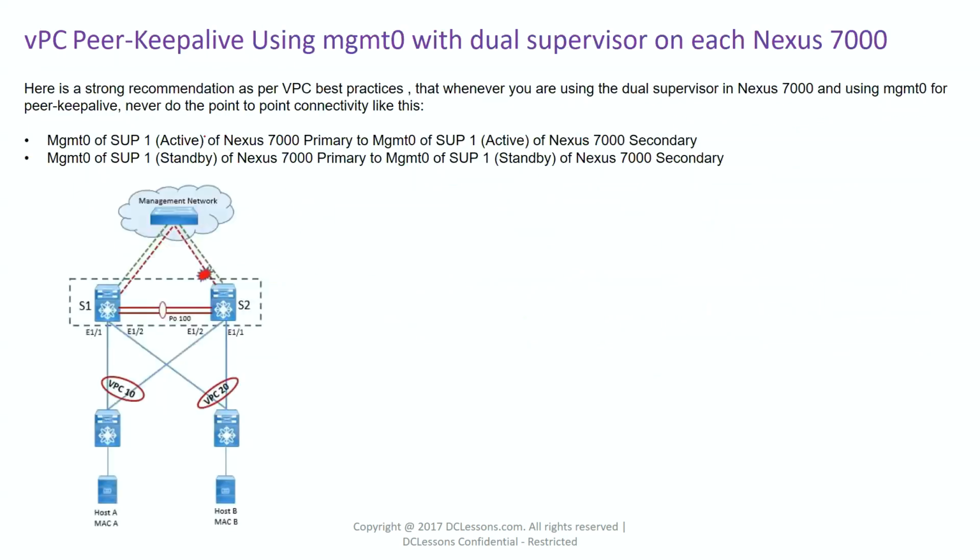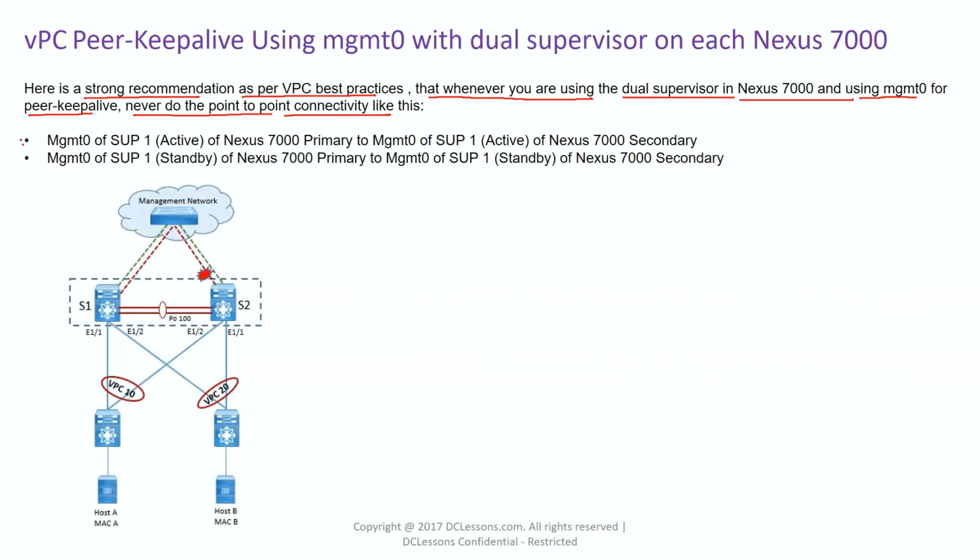So now we will see what is the behavior if VPC peer keep alive using management 0 with a dual supervisor in each Nexus 7000. So in that case, there is a strong recommendation as per VPC best practices that whenever you are using a dual supervisor in a Nexus 7000 and using management port for a keep alive, never do point-to-point connectivity like this.